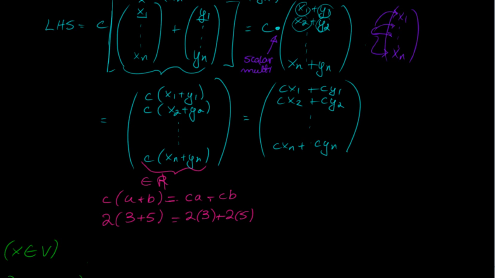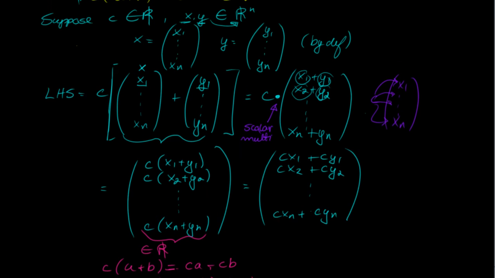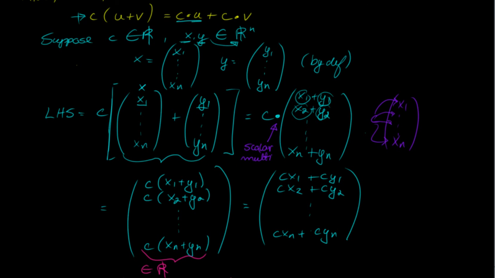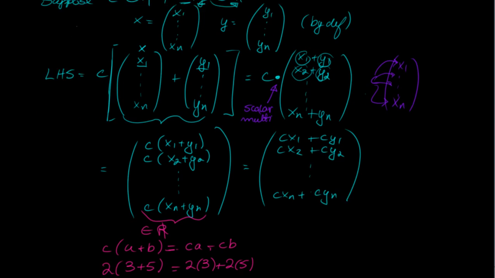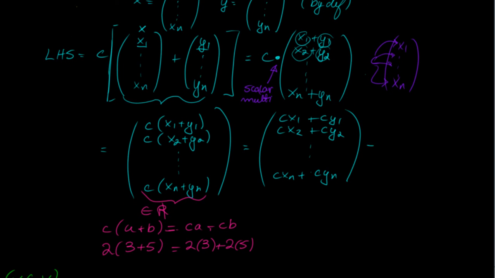Now, what I'm trying to get at, remember, is something that looks like c times x plus c times y. So the next thing I'm going to do is separate these, because I know that addition goes both ways.